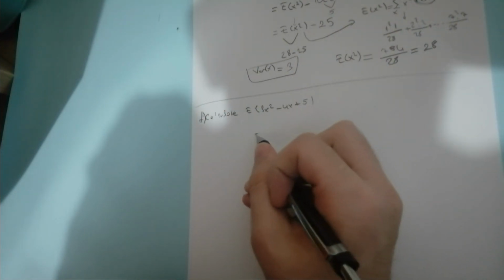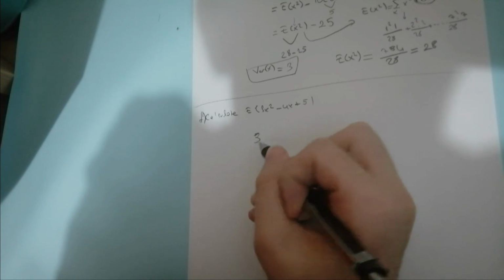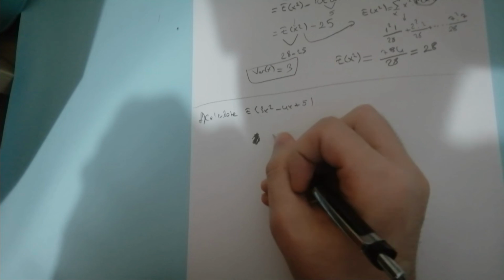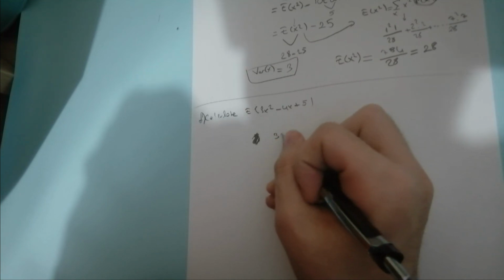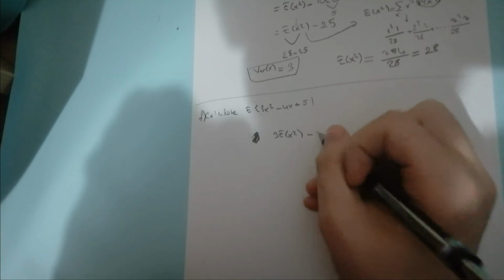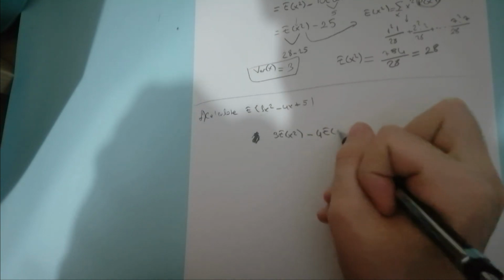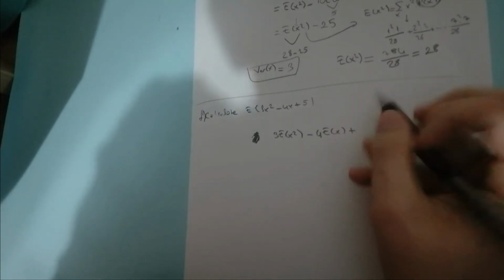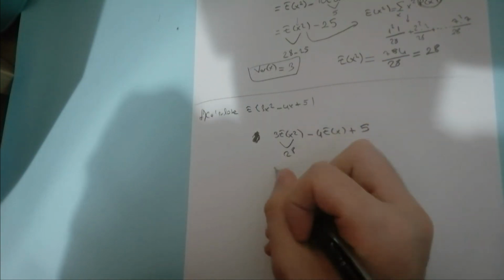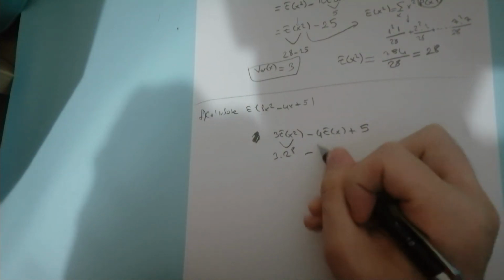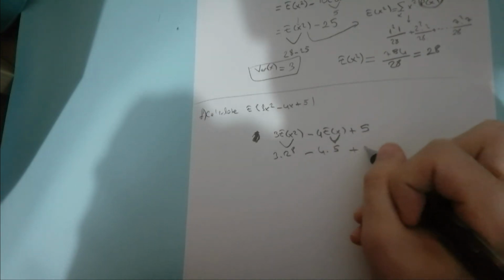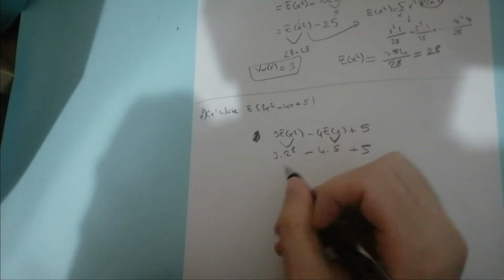So multiply them by E: 3E of x squared minus 4E of x plus 5. We know that E of x squared is 28 and E of x is 5.